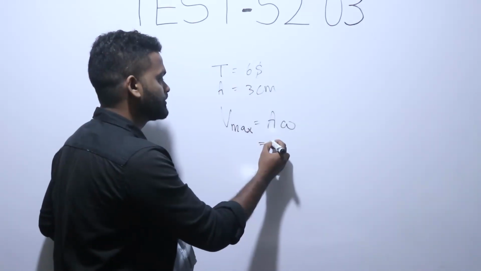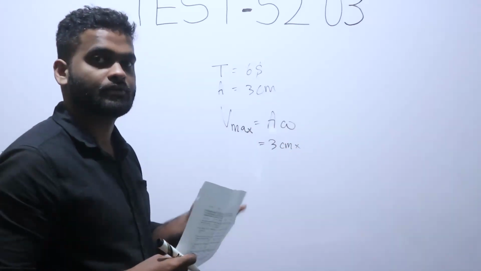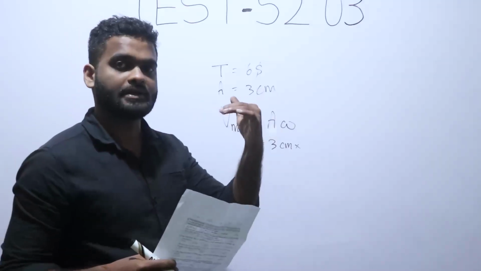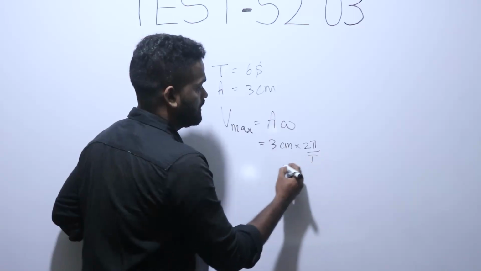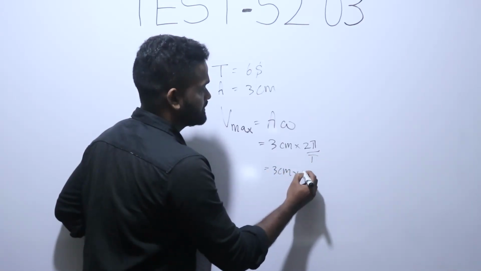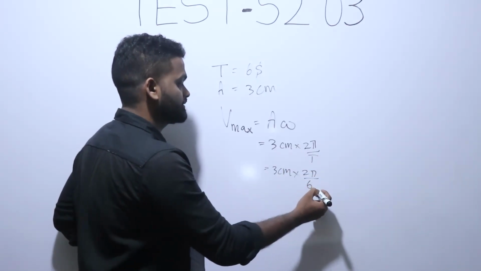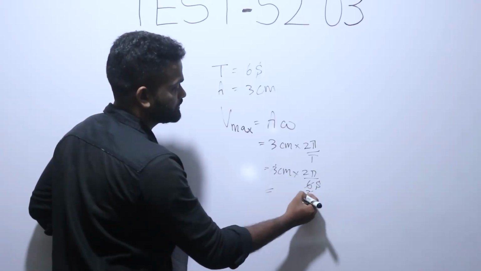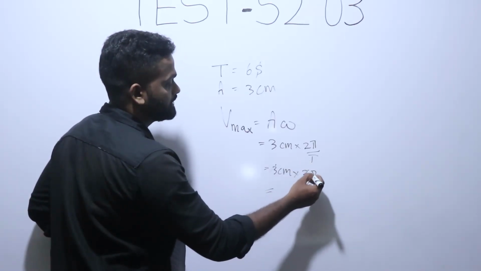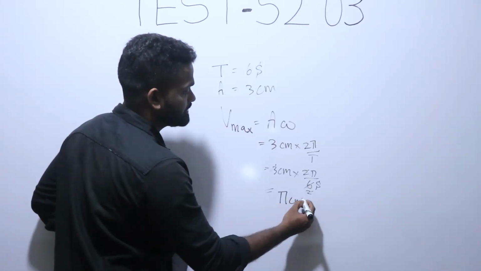They have given the amplitude, so it is just 3 centimeters. For omega, we can use 2 pi divided by capital T, which is given as 6 seconds. So 3 times 2 pi over 6, the 6 and 3 and 2 cancel, and this becomes pi centimeters per second.